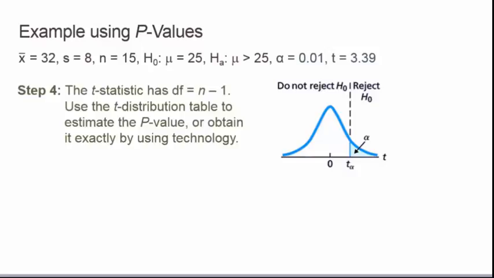Step 4. The T statistic has df equals n minus 1. Use the T distribution table to estimate the p-value or obtain it exactly by using technology. Degrees of freedom are 14 because n is 15, and the test statistic I found is T equals 3.39.